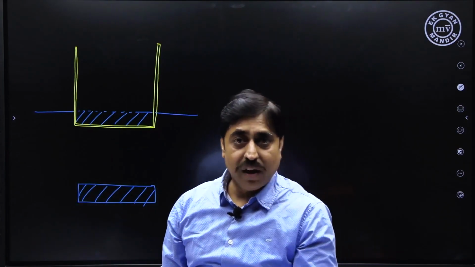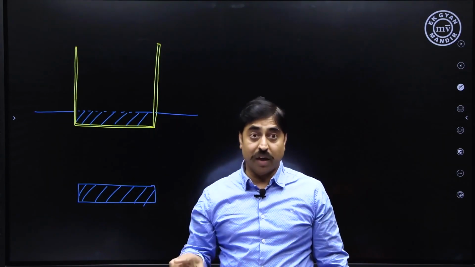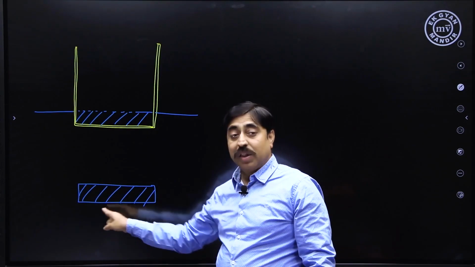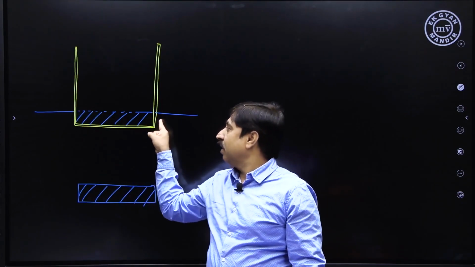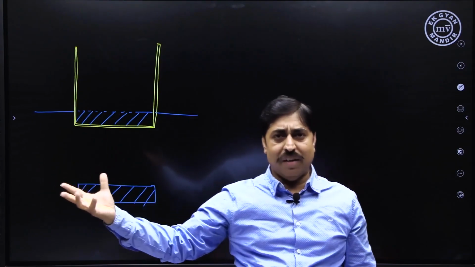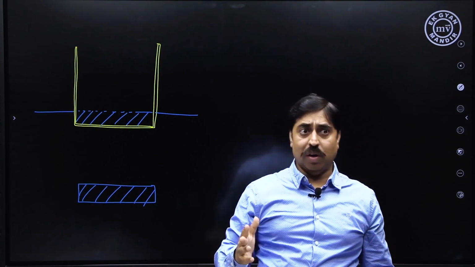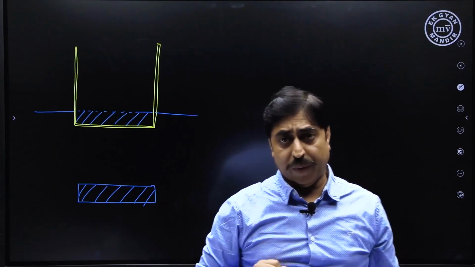That is why it is in equilibrium. The buoyancy force is equal to the weight of displaced liquid. So, if I take this much volume of water in a separate bag and weigh it, then the weight of that water will be the same as the weight of the boat. That is why it is in equilibrium.